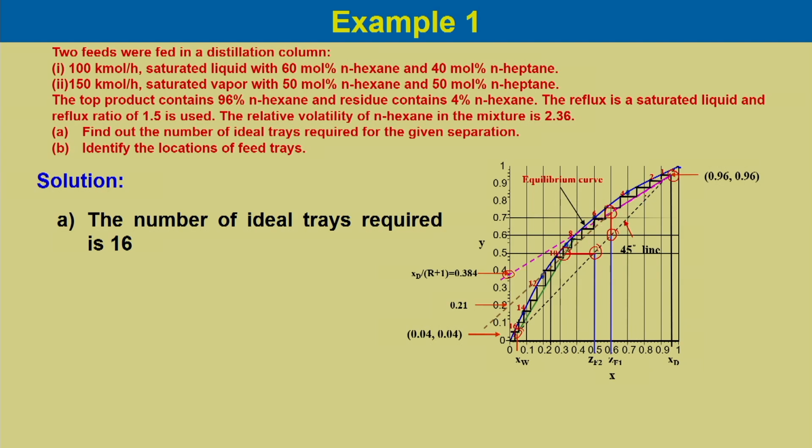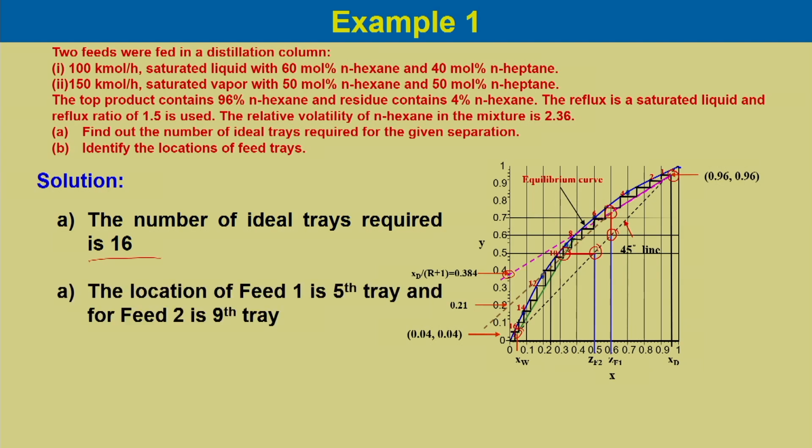Now, from this operating line, starting from XD we can step off using the McCabe-Thiele method to calculate the ideal trays required for this separation, which is about 16 ideal trays.